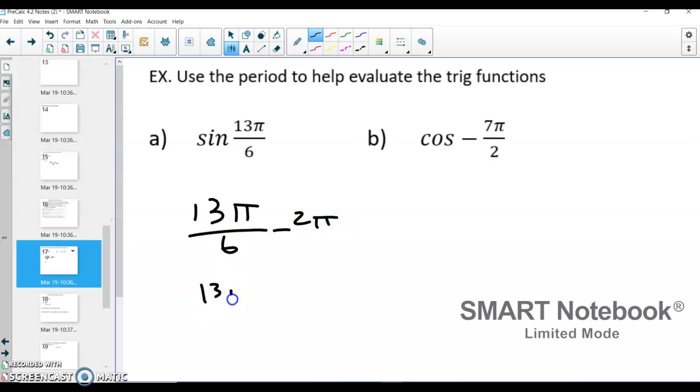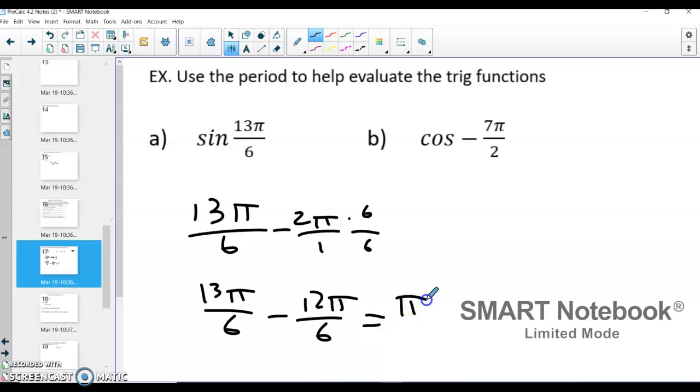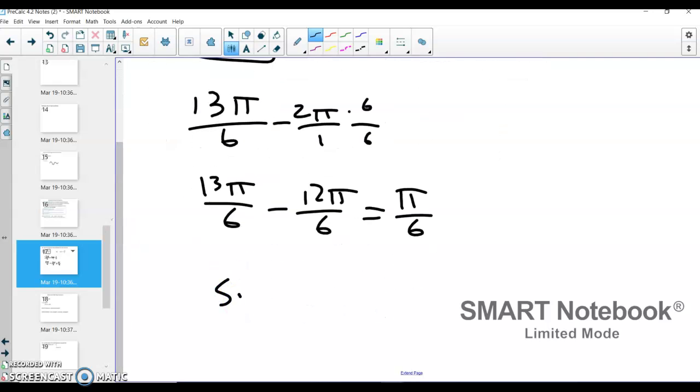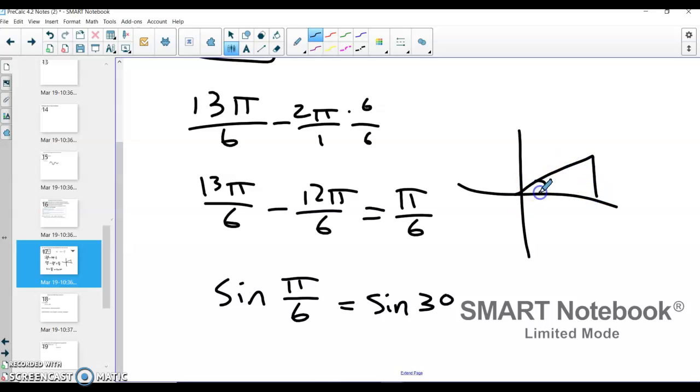So this becomes 13 pi over 6 minus 12 pi over 6, multiplying to get a common denominator, and this becomes pi over 6. So instead of the sine of 13 pi over 6, I can do the sine of pi over 6, which I know is the same as the sine of 30 degrees, which, if I drew it out, is 1/2.